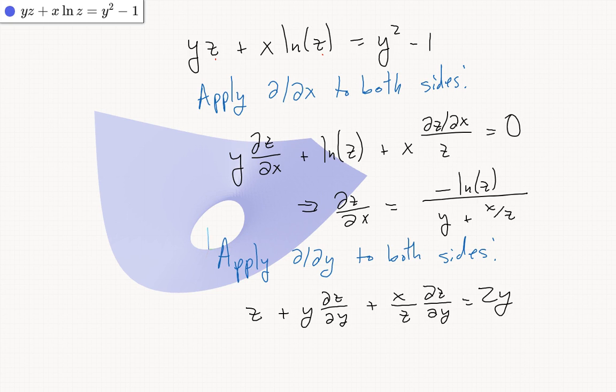And so now we solve and we get that del z over del y is equal to 2y minus z over y plus x over z.